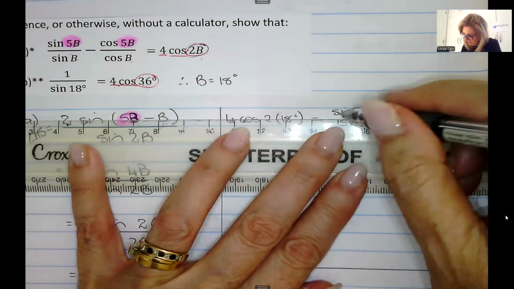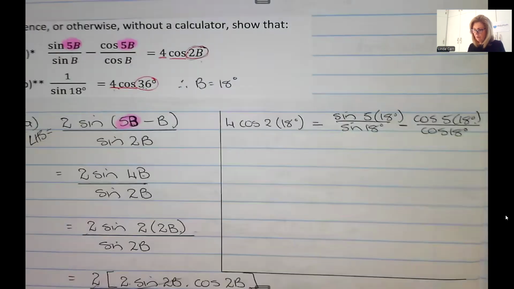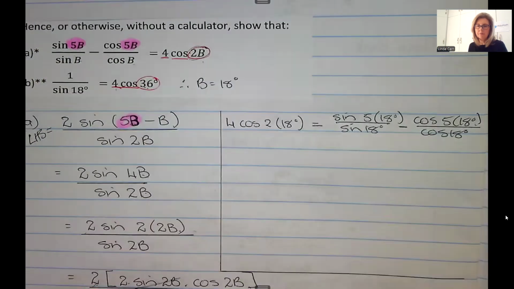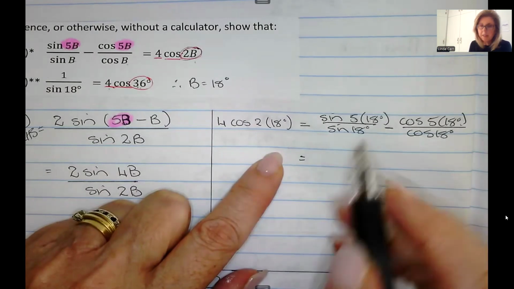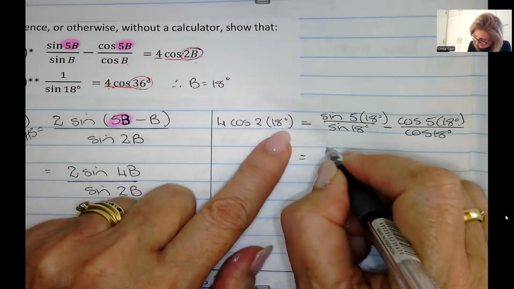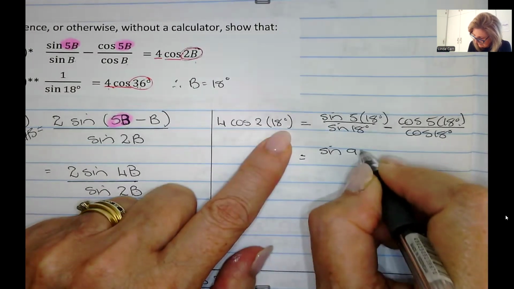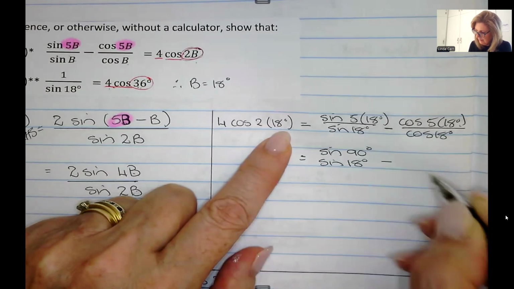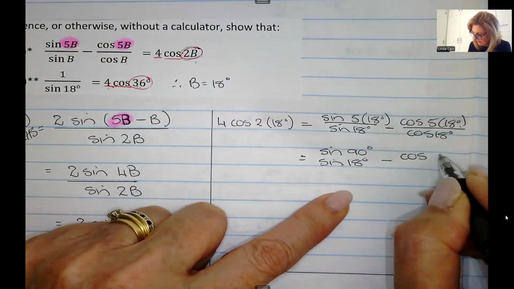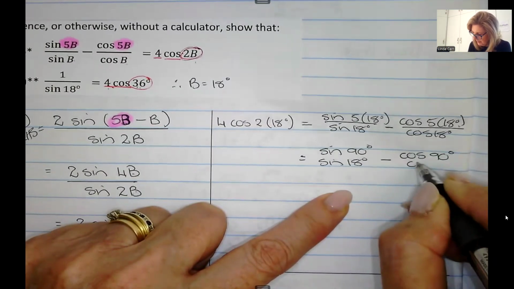Okay, so I haven't broken any rules. I've gone from right to left. All right, here comes the fun bit. 5 times 18 is 90.